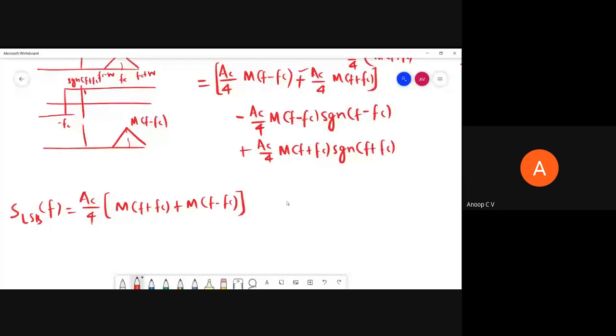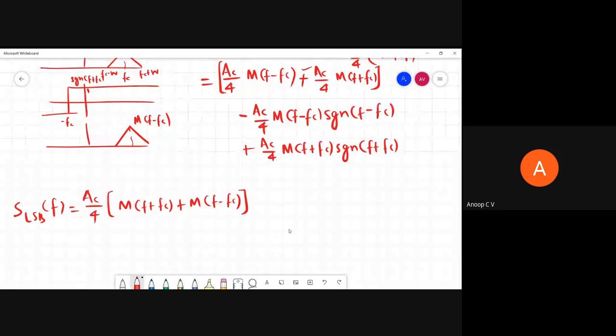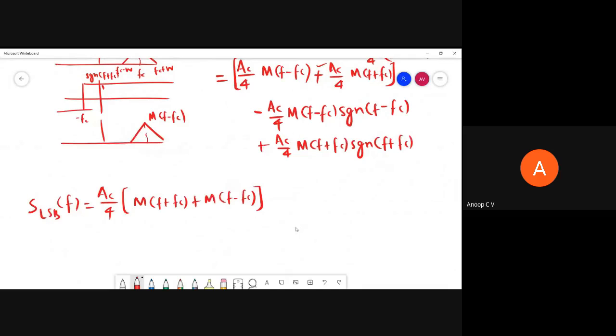So maybe I'll write the plus term first, right? So I'll write plus AC by 4, I can take common out.